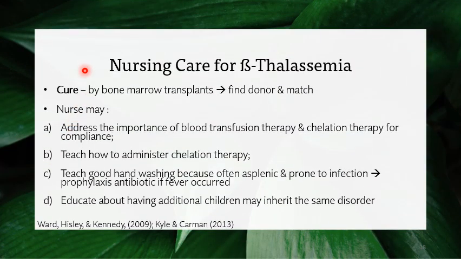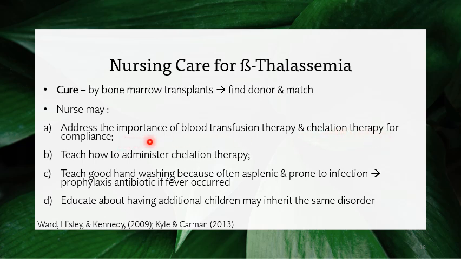If we want to cure the condition of beta thalassemia, we can do a bone marrow transplant. We find a donor, and if it matches, then we do the bone marrow transplantation. But the nurse needs to address the importance of blood transfusion therapy and also chelation therapy for compliance.